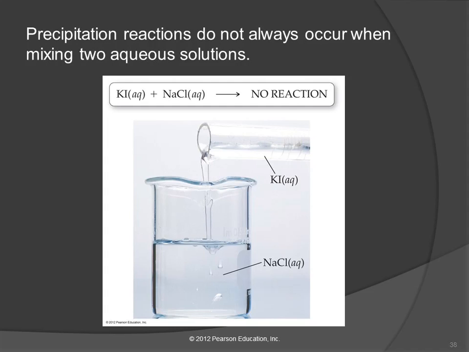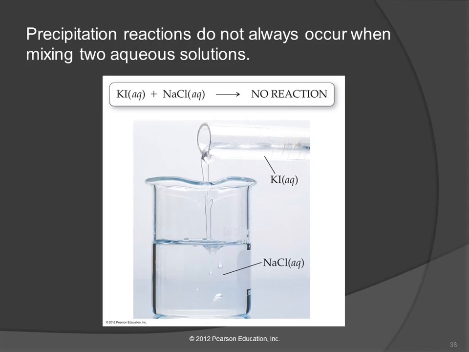If we mix potassium iodide and sodium chloride, nothing seems to happen. Potassium with iodide is soluble, sodium with chloride is soluble. When we mix these two, we have a potential for an interaction between sodium and iodide and potassium and chloride. Both of those compounds are also soluble, and so it appears that nothing has happened.